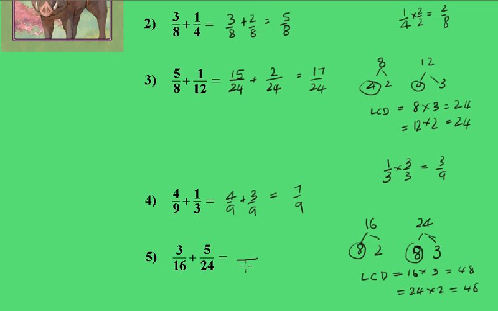So now we've got to put them both over 48. And now this one has to be changed to 48 by multiplying by 3. 3 3s are 9. And this one by 2. Twice 5 are 10. So the final answer is 19 over 48.